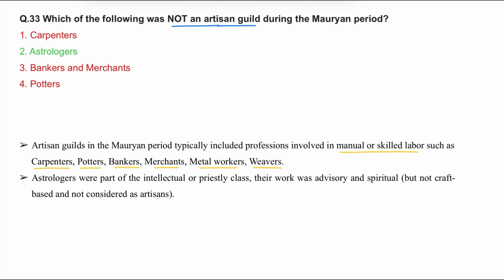Astrologers were a part of the intellectual or priestly class. Their work was advisory and spiritual. Correct answer is 2. Artisan astrologers was not a part of an artisan guild during the Mauryan period.